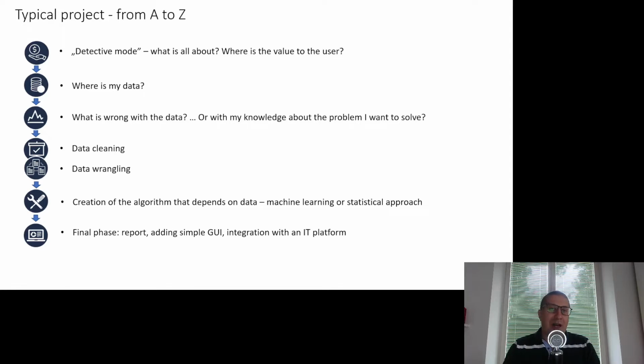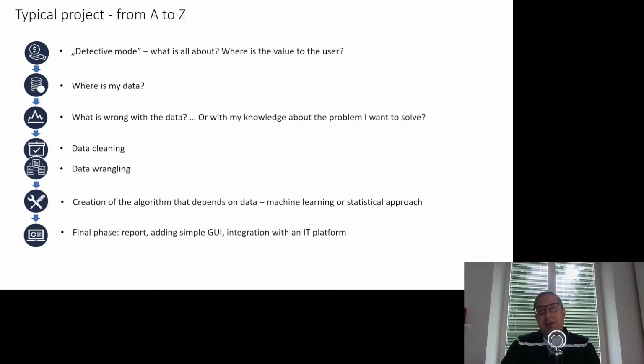Maybe you need to integrate your AI algorithm with the IT platform that operates within the plant or factory. Then you have to think about communication with this platform, about the API, about cybersecurity, and about changes in the control system that allow us to push our decisions to the devices.